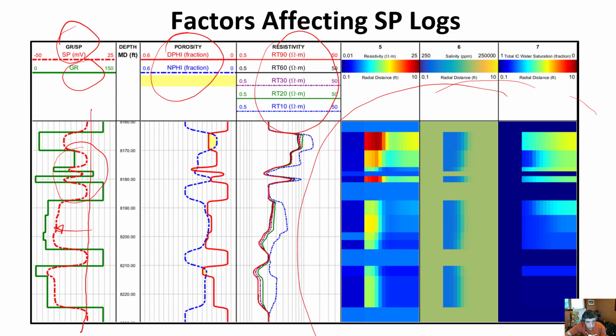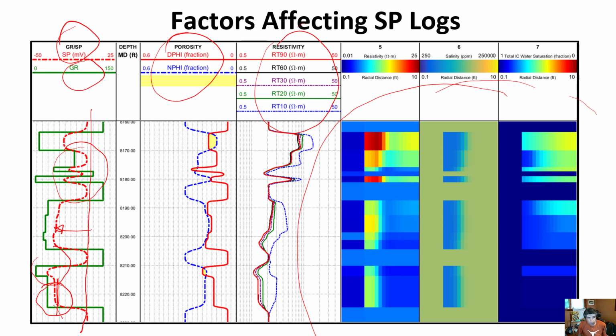And there are also some conditions, for instance, over here where we have a certain amount of hydrocarbon, and that also modifies the values of SP. And in the lower section of the well, we also have a suppression of the SP, and that is due to the presence of non-negligible shale because of the values of the gamma ray log. And of course, the presence of invasion also will suppress the spontaneous potential log.